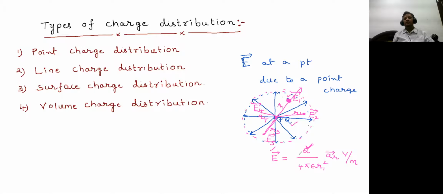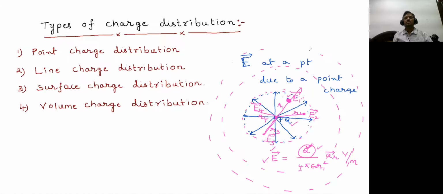So now the point is, if you have a point charge Q, we can get the electric field intensity at any point around it. That means a point charge Q is creating an electric field which is not confined to a particular place, and may extend up to infinity.